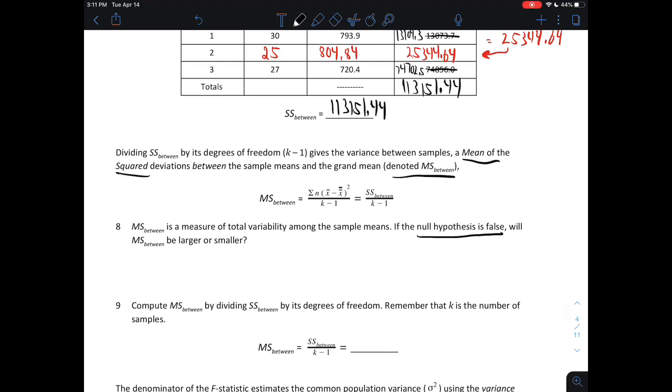Just think, if the null hypothesis is false, it means you don't have an indication that the mean hardness numbers are all close to each other or not different from each other. So that means that you would have a large amount of variability. They would be differing from each other in a large way. So we would expect a larger amount of variability.